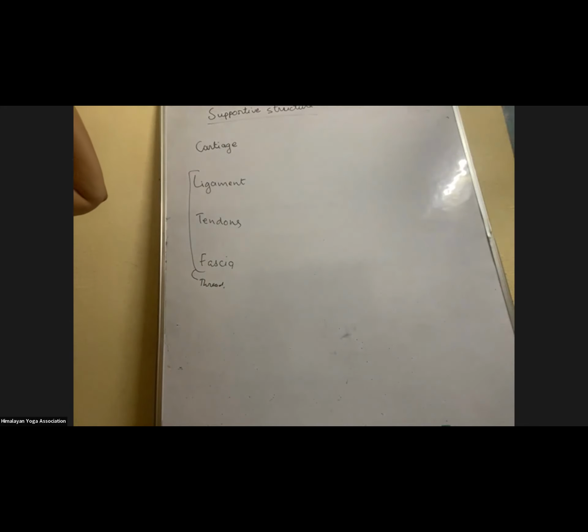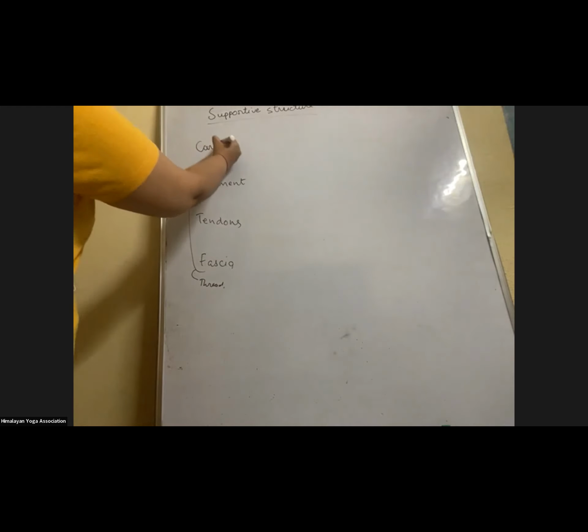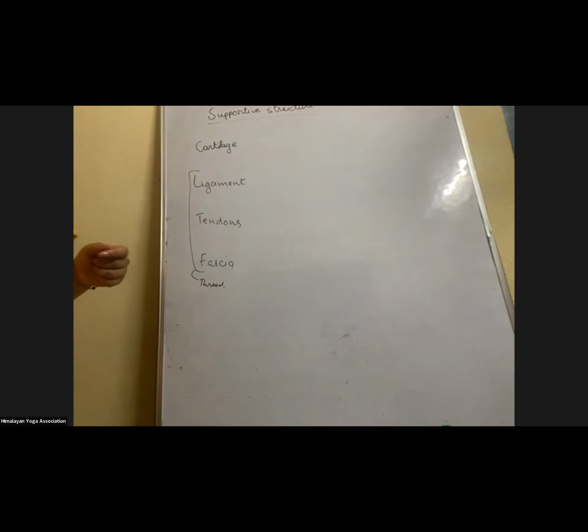What is cartilage? Please tell me. It's found at the top of the bone, the tip of bones, generally present at the joints.